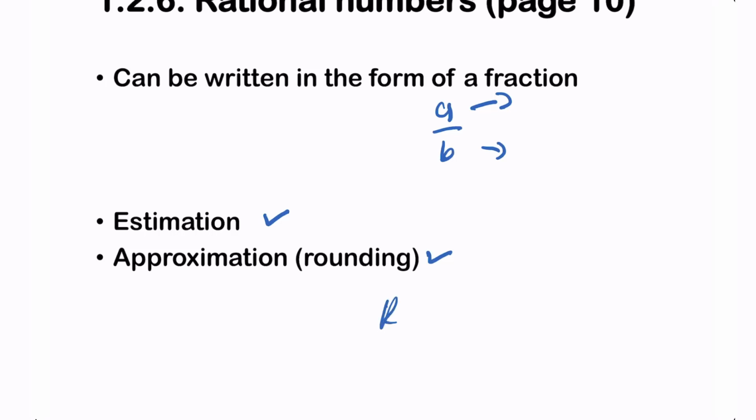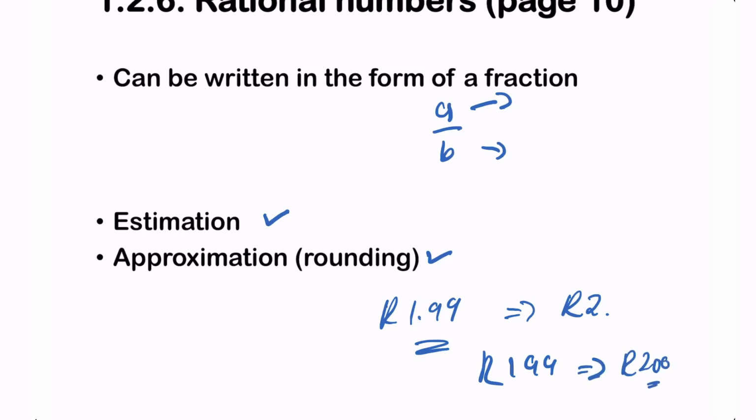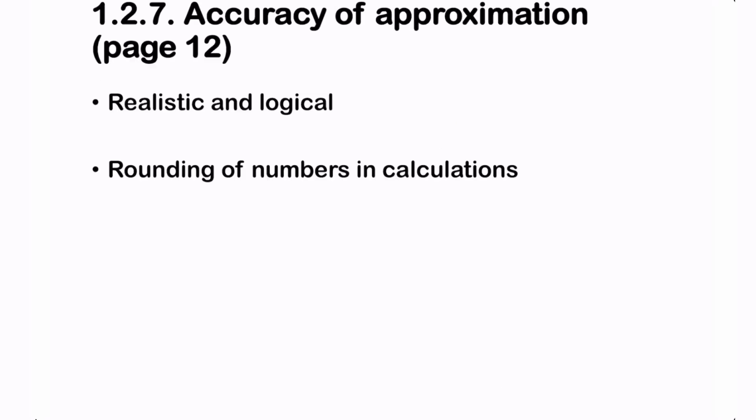Something would be R1.99, so it's a known value. You would then simply say the product costs R2, because saying R2 is a lot easier than saying R1.99. So that's an approximation.